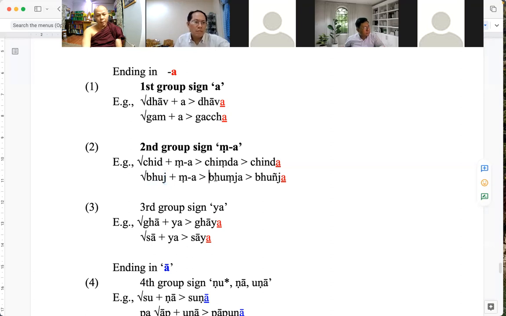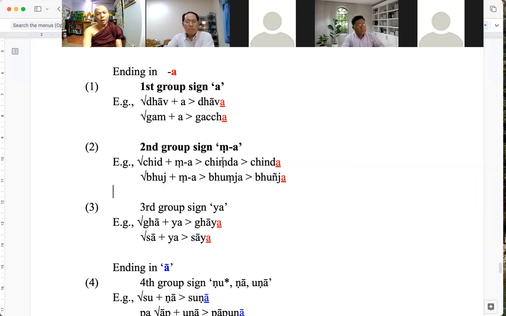Basically we have the bhuja, but the nasal and the ja are different groups, so they need to be the same. This nasal is changed to nya, you see, because it is followed by ja, that is the palatal sound. Okay, here we have the bhunja.